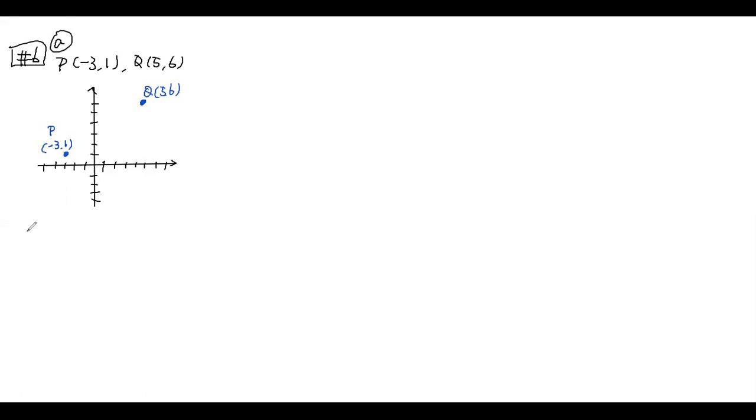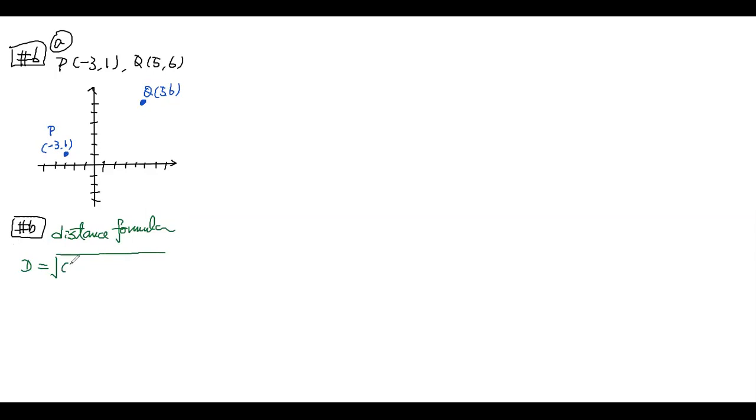Then part B, find the distance. Basically, part B wants you to review the formula for the distance. So let me write the distance formula. You might want to write this one on a separate piece of paper so you will remember the distance formula.